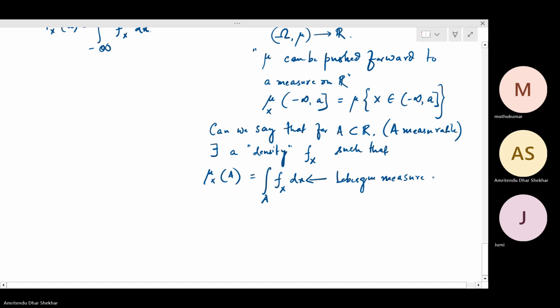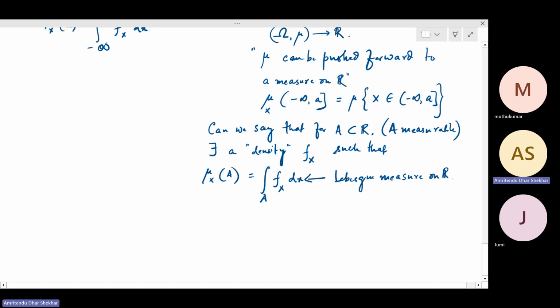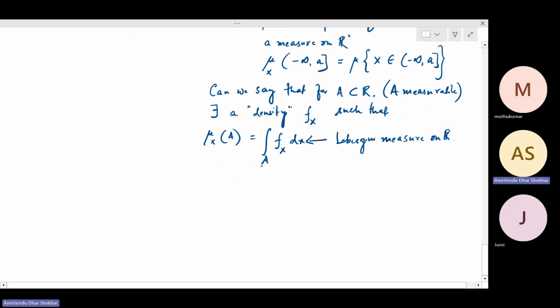If such an fx exists, then fx is called the density function of the random variable x.